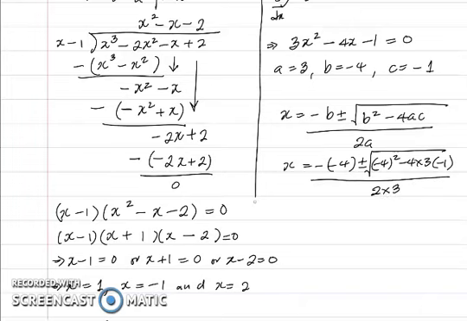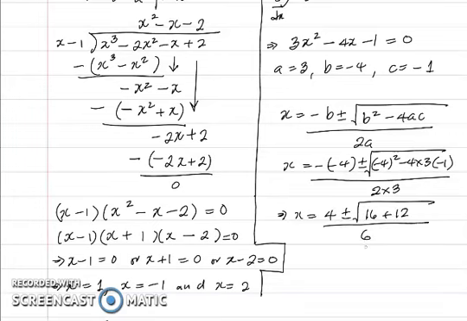So therefore, x would be equal to 4, since a negative times a negative is a positive, plus or minus the square root of 16 plus 12, and this is all over 6.